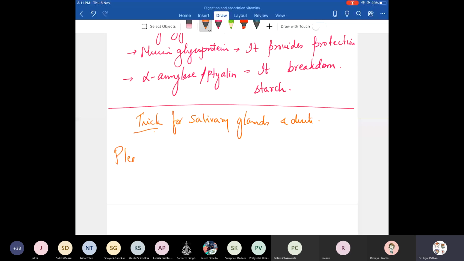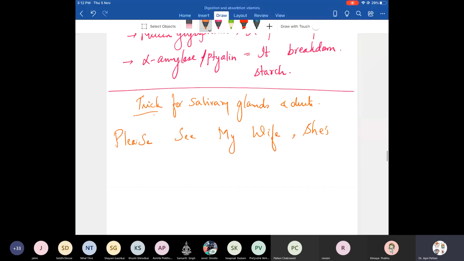Again, I am telling you, you do not have to follow these tricks. You can make your own mnemonics. Please see, my wife. She's lovely and respectful or respectable. Anything.